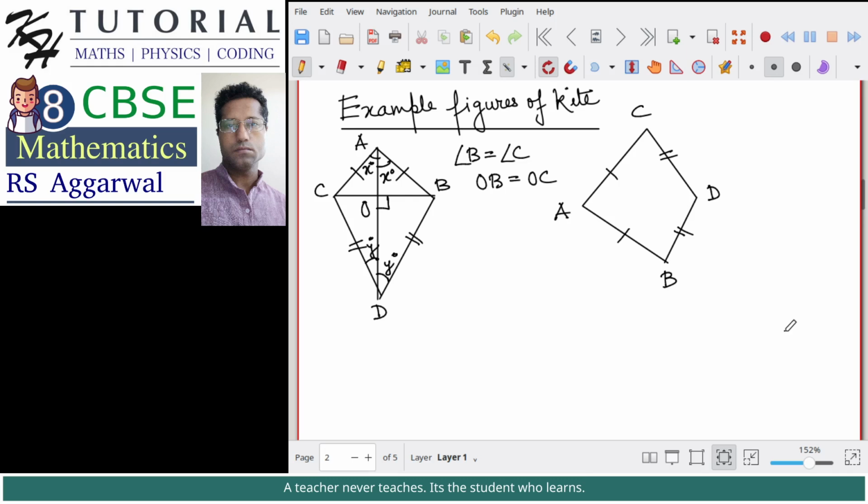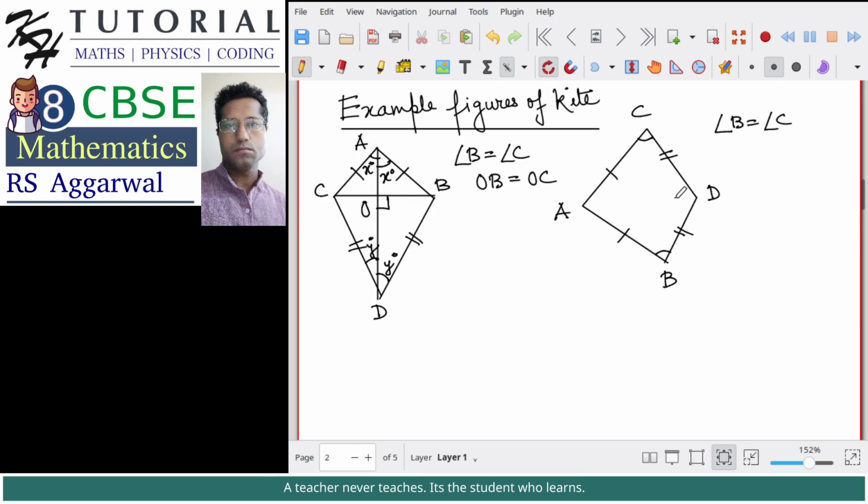In a given problem, you will be given some information by which you will be able to make out which are the two opposite angles which are equal, and so the other pair of opposite angles will be bisected. So the way I have drawn this kite, angle C will be equal to angle B. These are the pair of opposite angles which are equal.